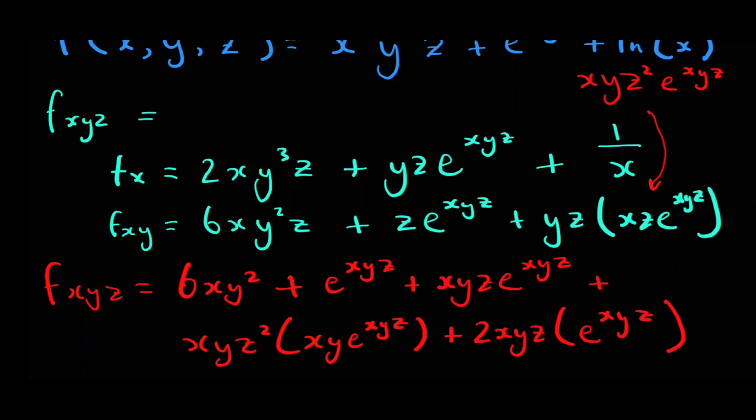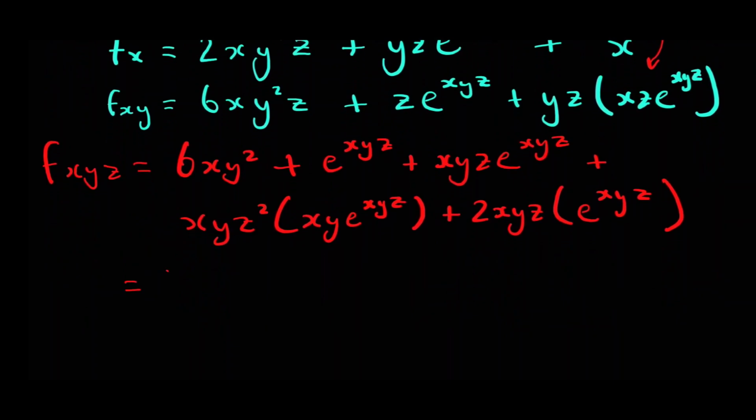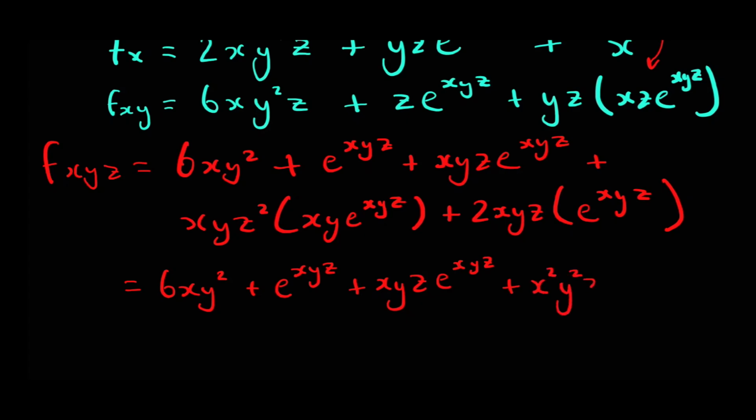And now let's just quickly simplify that. So if we multiply out the brackets, we get 6xy squared plus e to the power of xyz plus xyz e to the power of xyz plus x squared y squared z squared e to the power of xyz plus 2xyz e to the power of xyz.